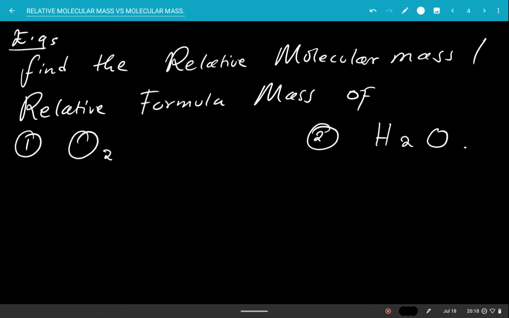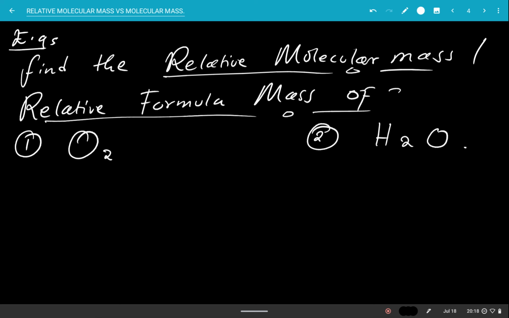Alright, let me give you an example to easily understand this. Let's say we've been told to find the relative molecular mass, or let's say they said find the relative formula mass, because the procedure will be one and the same. Say we have that of oxygen gas. Since it's oxygen, the first thing we're supposed to do is to extract the element, which is oxygen, according to the periodic table. First we identify the number of atoms present in this formula, of which we have the subscript 2. So we have O2.